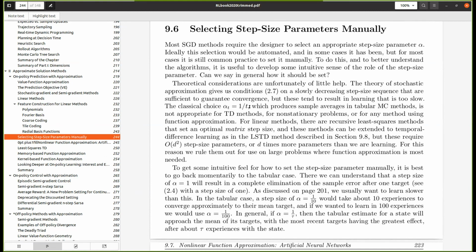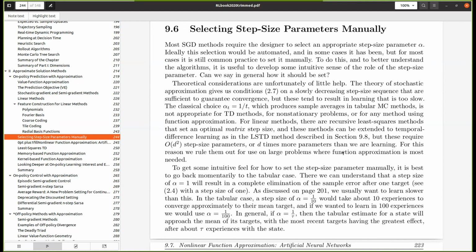Here we have some recommendations for how to select a step size. For Monte Carlo methods, we usually set the learning rate to decay with time as the reciprocal of time, so 1/t would be our step size.